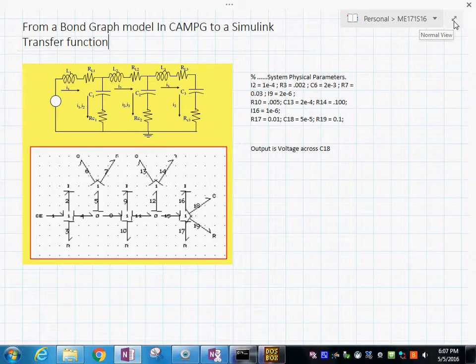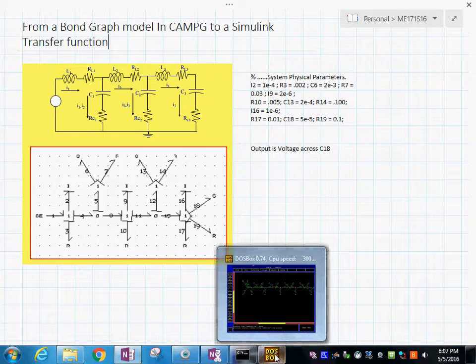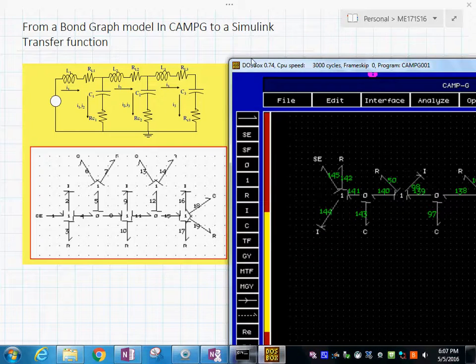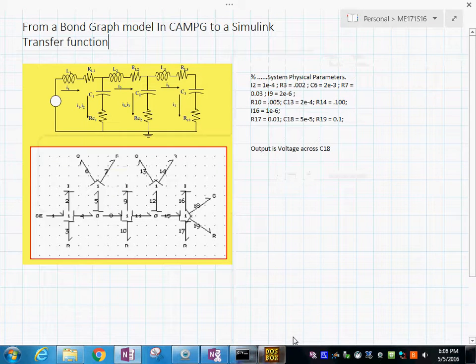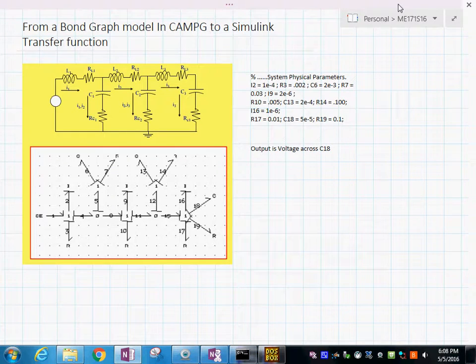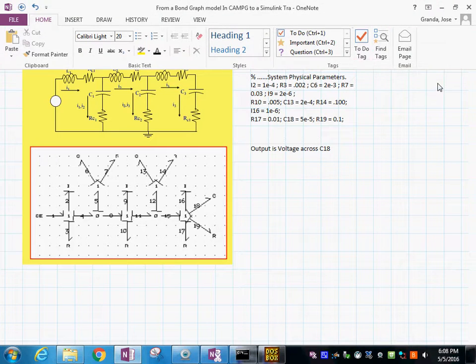Let's see if we can actually do this. This is good. So let's just click over here and make sure that we are running in such a way that we can see the mouse in here. It's a challenge here.